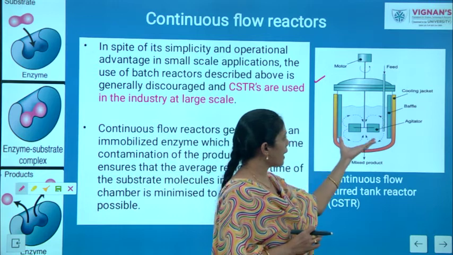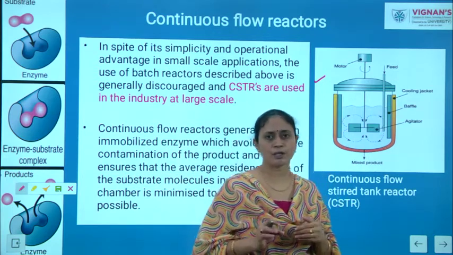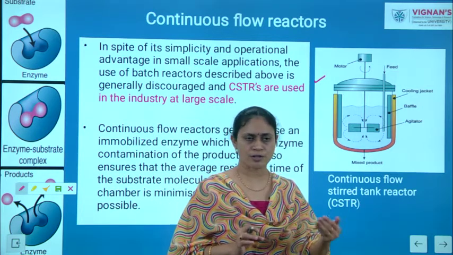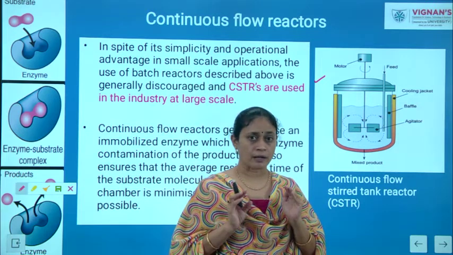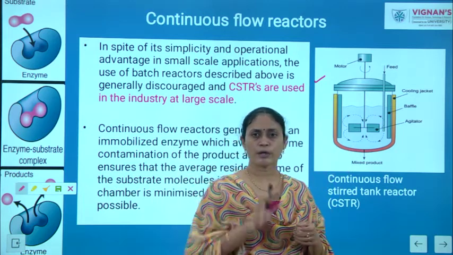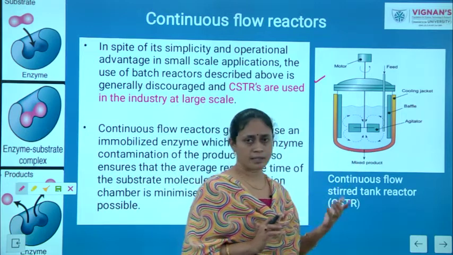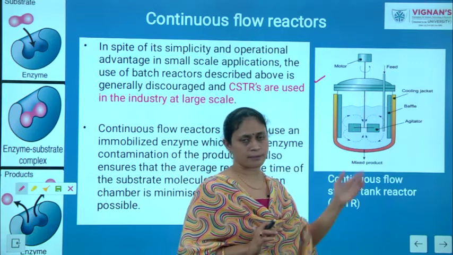Moreover, the reactor has a jacket which continuously supplies either hot water, steam or cool water in order to adjust the temperature required within the reactor. According to your temperature requirements, you can supply hot water, steam or cold water through the jacket.